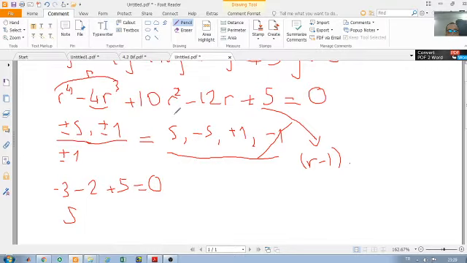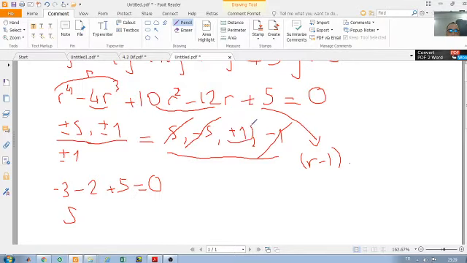And here we have 25 times 10 minus 12 times 5, which also becomes a positive number. A positive number plus a positive number plus a positive number is a positive number, which means the result is not equal to 0. Therefore, 5 is not a root. Also, you can check minus 5 is not a root.